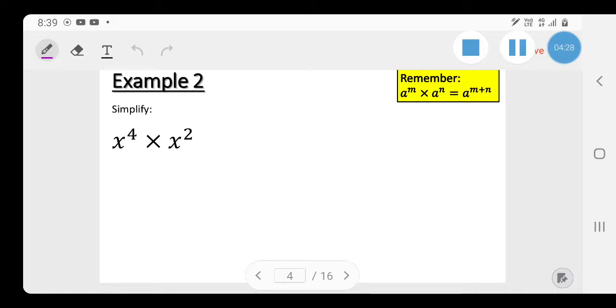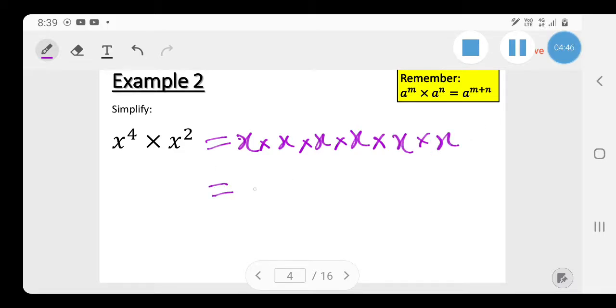All right, so once again, just in case that didn't make sense, let's do the exact same thing again. X to the power of 4 is x times x times x times x, times x squared, which is x times x, which equals x to the power of something.